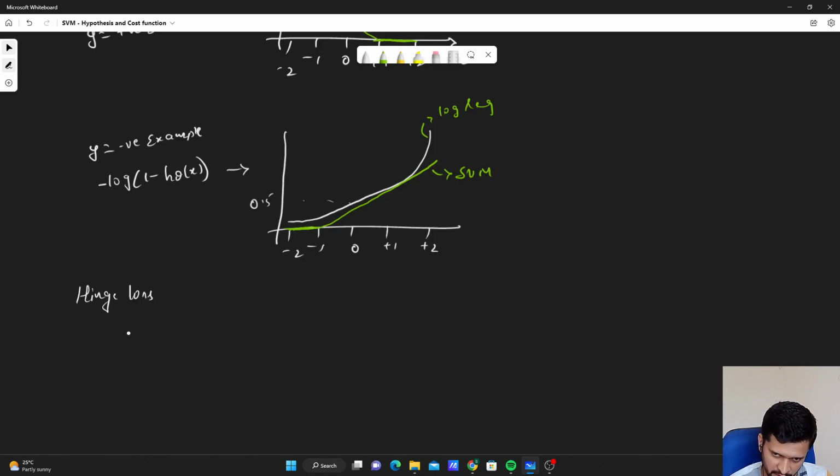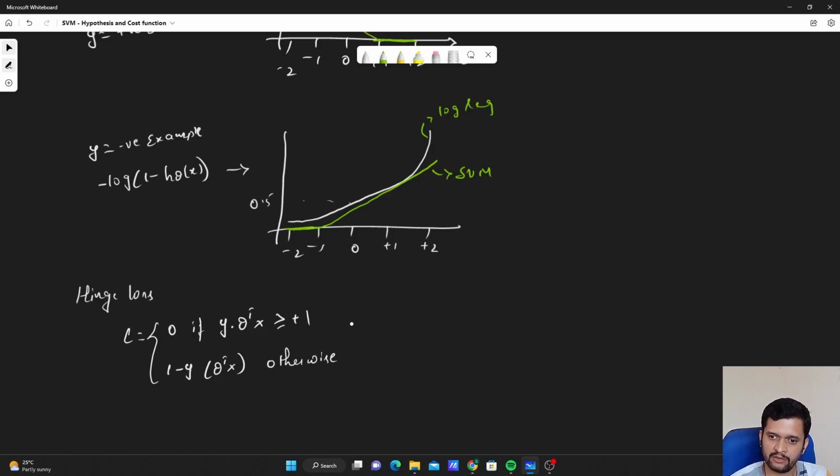And this can be given as 0 if y into theta transpose x is greater than or equal to plus 1, and otherwise it will be 1 minus y into theta transpose x. Okay, so this is what hinge loss looks like, and this will be the loss function that we will make use of for our SVM.